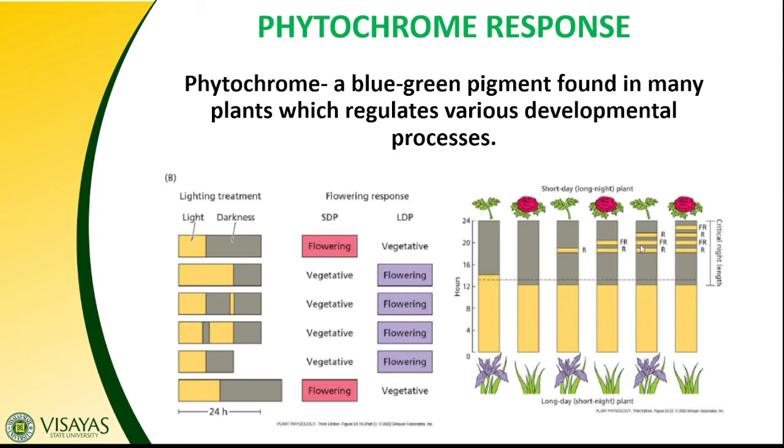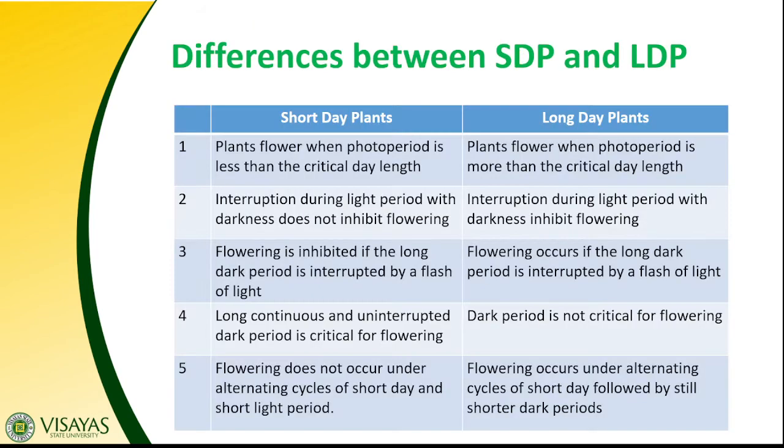I know it's hard to understand this mechanism. So you should try to examine the given situation when there is a long-day condition, when there is a short-day condition. There's a difference in the response of the long-day and short-day plants.